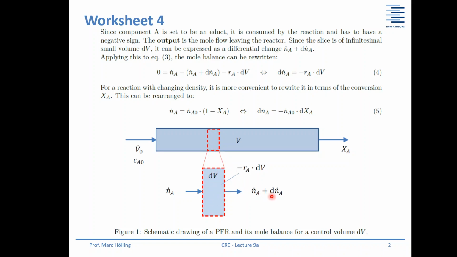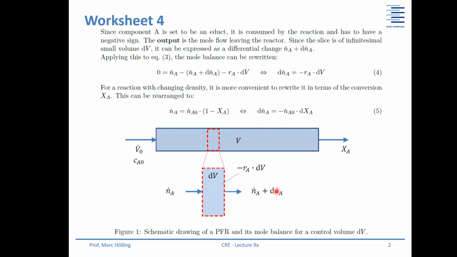At the outlet you have a slightly changed mole flow of component A. That's why we call it N dot A, the mole flow of component A, plus this very small change.